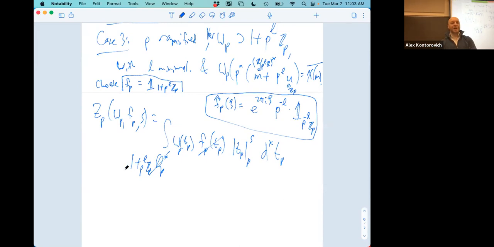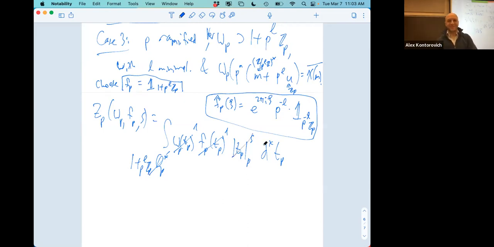What value does omega take on this set? It's the kernel, so it takes the value 1. This we've replaced by the indicator function. And what about t_P, what's the P-adic absolute value on this set? It's 1, it's a unit.